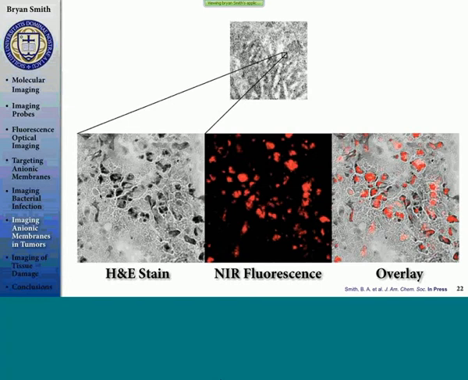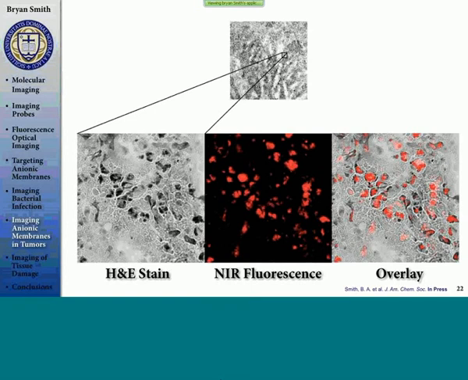I then took this H&E slice and looked under Cy7 fluorescence, and this is the fluorescence coming from our probe. And if we overlay these on top of each other, we see that there's perfect co-localization from the fluorescence of our probe onto these irregular shaped cells. So this once again shows that we can detect necrotic cells in tumors, allowing further detection in vivo.